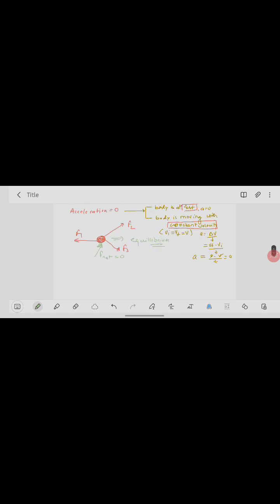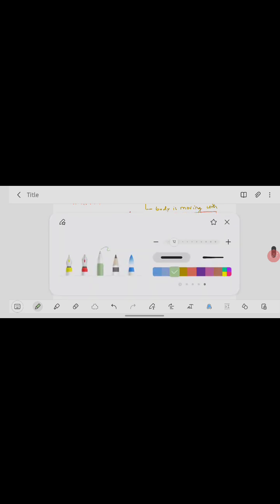So that's why when you have to apply the equilibrium condition, you need a condition like the sum of the forces in the horizontal direction or in the vertical direction must be balanced.